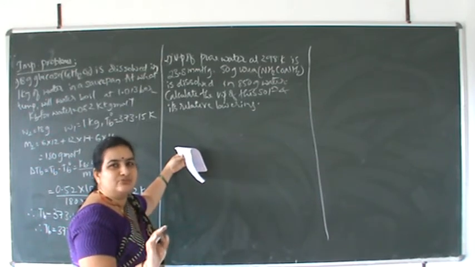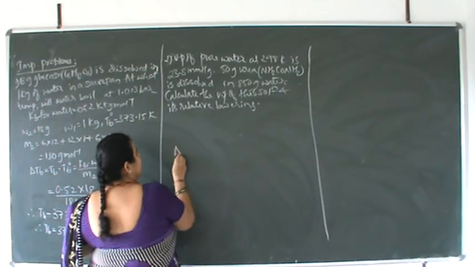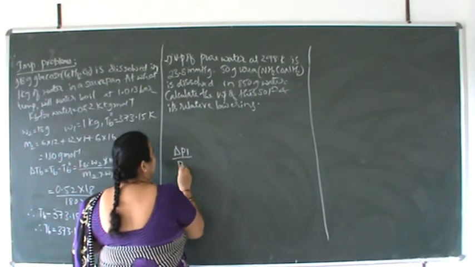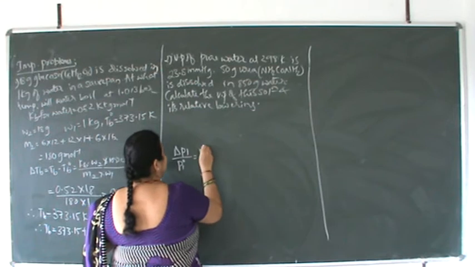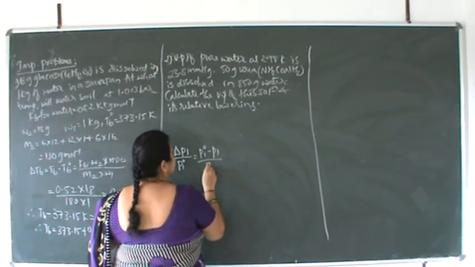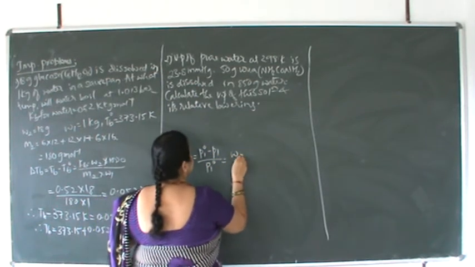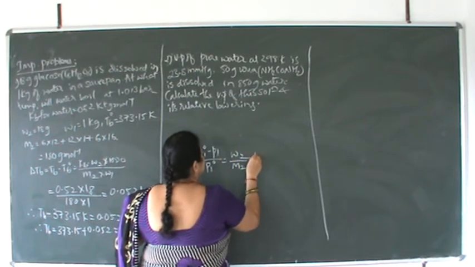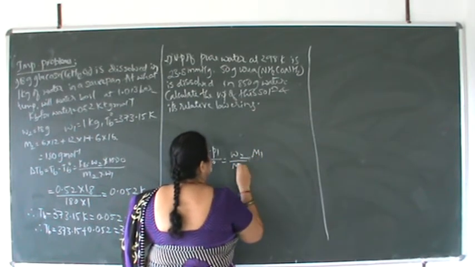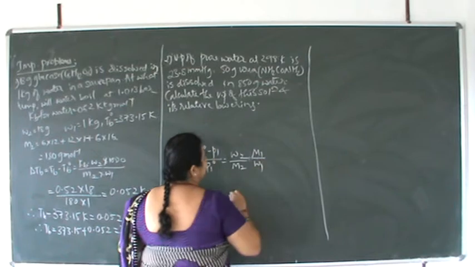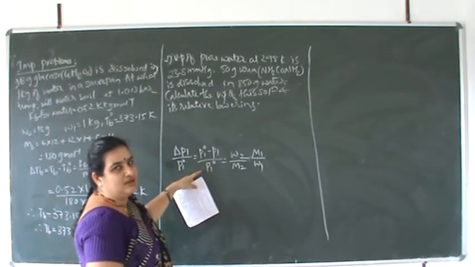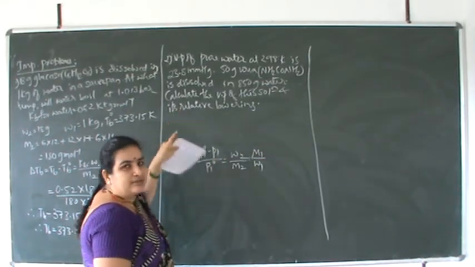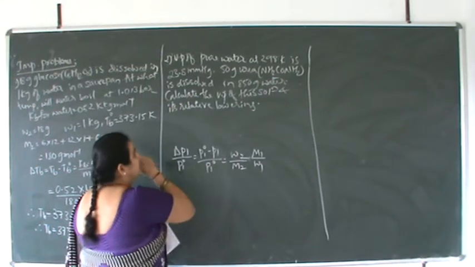Write down the formula neatly. So here, delta P1 divided by P1 naught is equal to P1 naught minus P1 divided by P1 naught is equal to W2 divided by M2 into M1 divided by W1. This is the formula. Now write the quantities which are given in the problem.